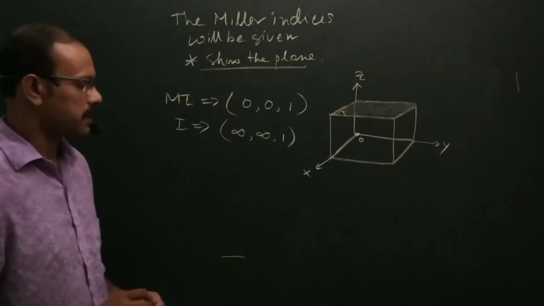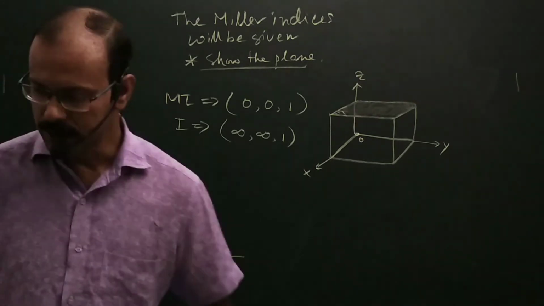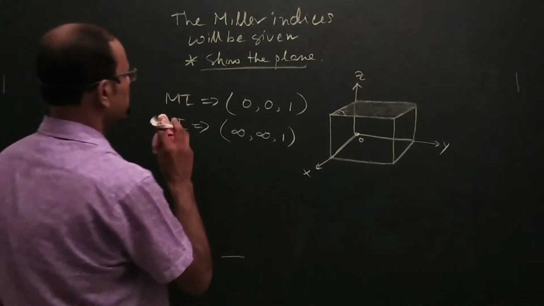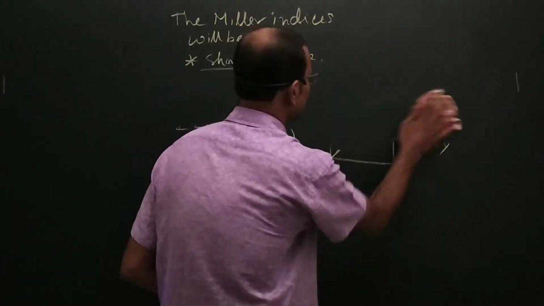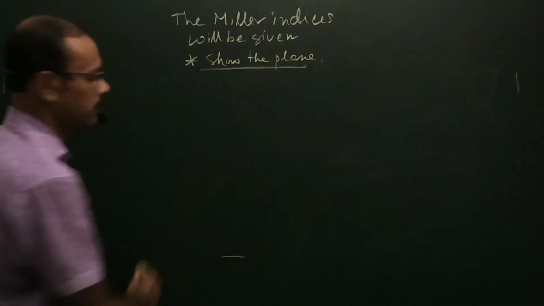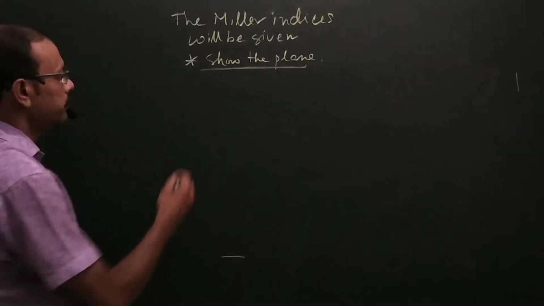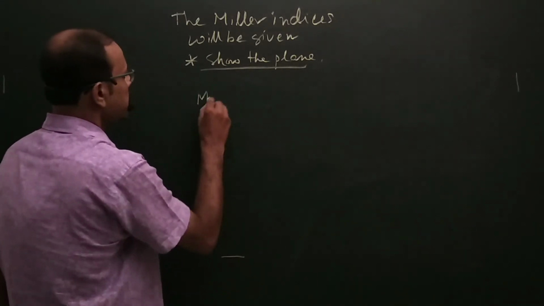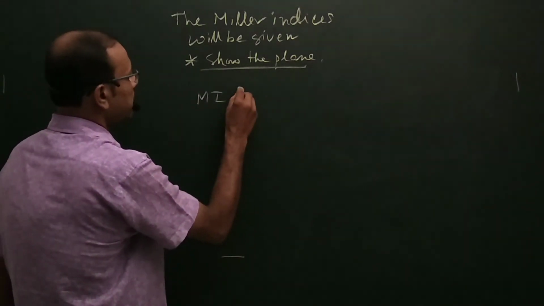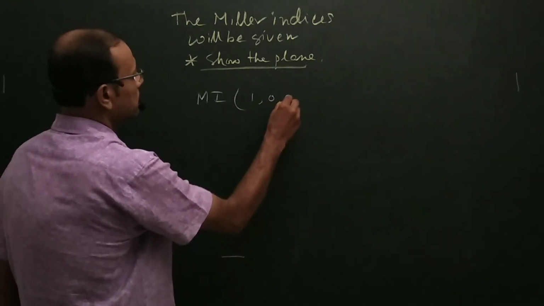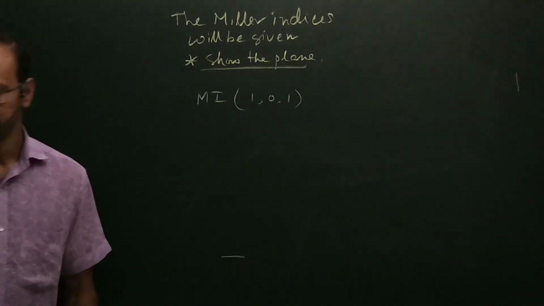Now next one, next case. I am showing you the next case. Here the Miller indices say is given by 1, 0, 1. Okay?